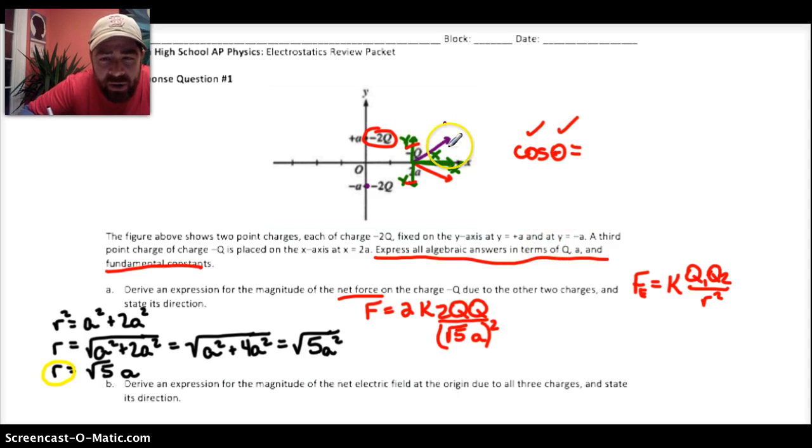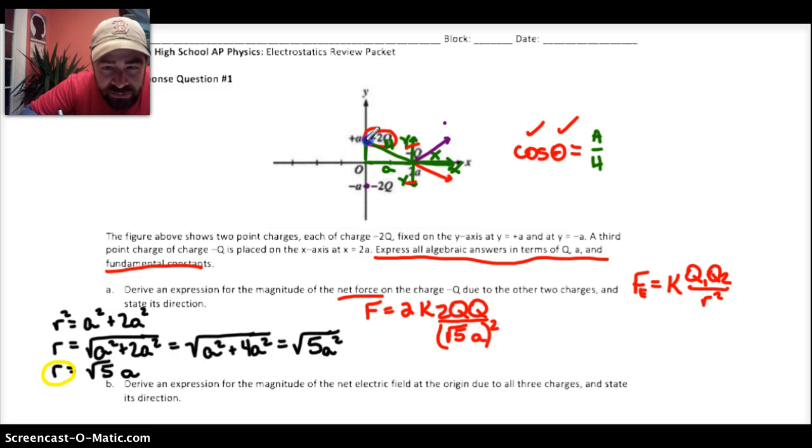In this case, cosine is defined as the adjacent over the hypotenuse. I'm thinking SOHCAHTOA here, the adjacent side of this right triangle of interest. By the way, let's take a look at that. Here's the right triangle of interest, the adjacent side here, and this is going to be the hypotenuse.